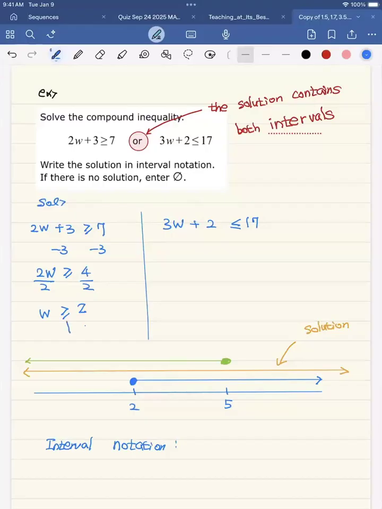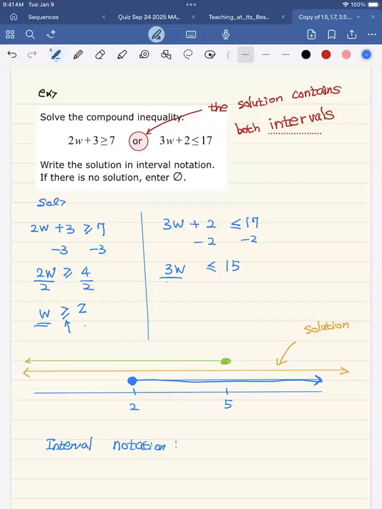This equality sign tells us that we have to use disk notation here, and w is greater than or equal to 2, so we use the right arrow notation. Now 3w plus 2 is less than or equal to 17. Then we subtract 2 on both sides. Then we have 3w less than or equal to 15.